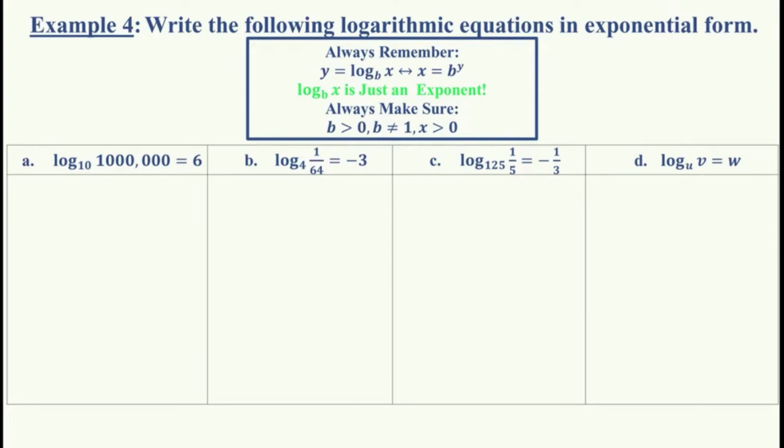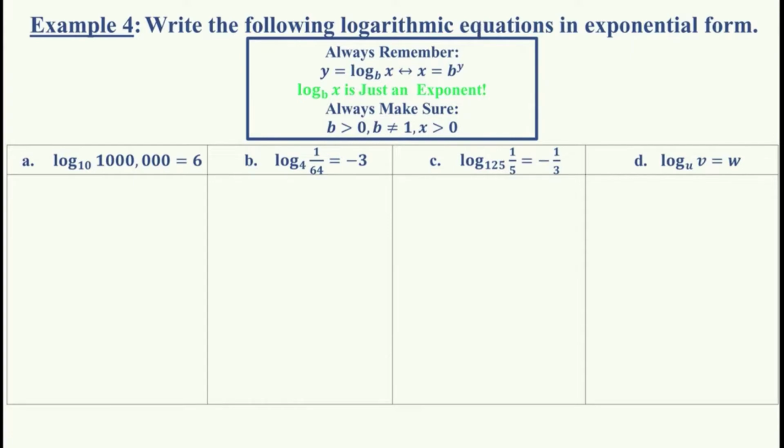All right, now we have 4 problems here that we're going to convert to exponential form. Notice they're all in logarithmic form, and now we're going to go ahead and convert them.